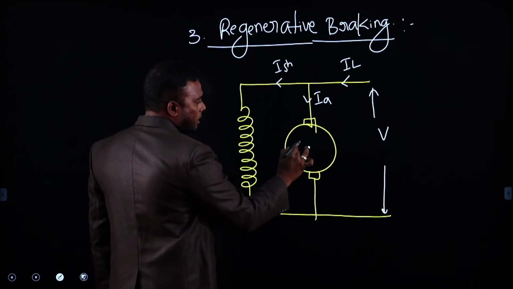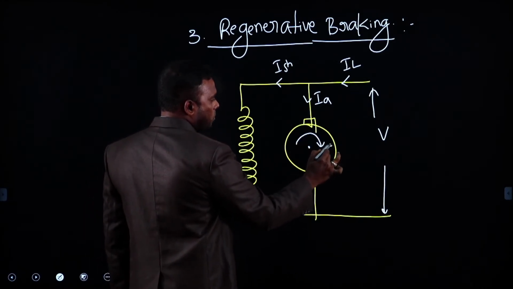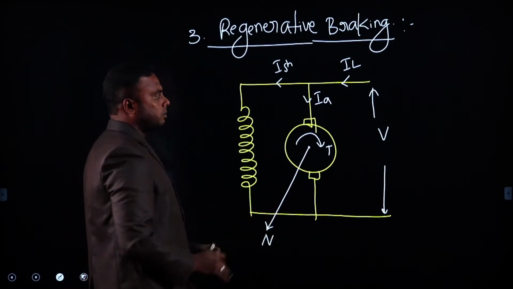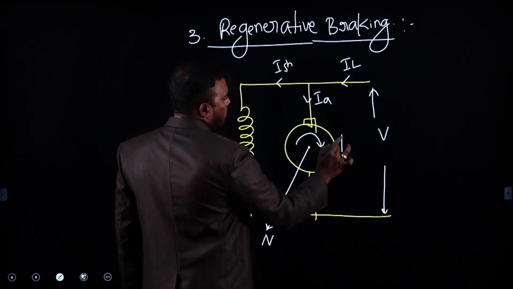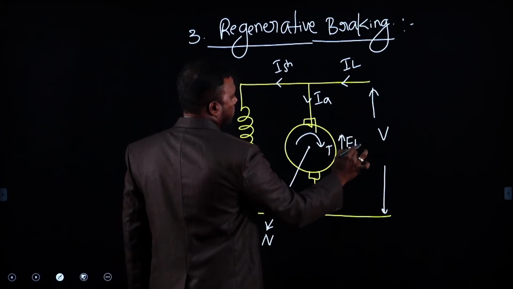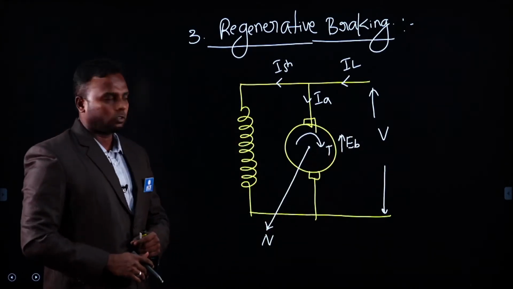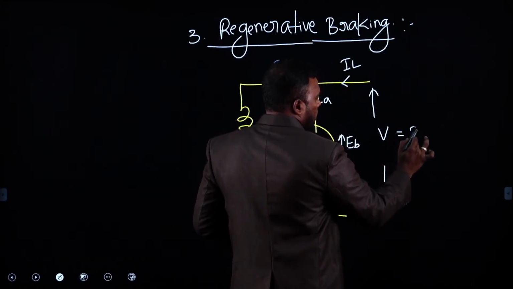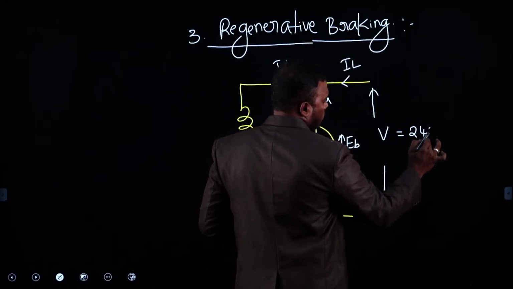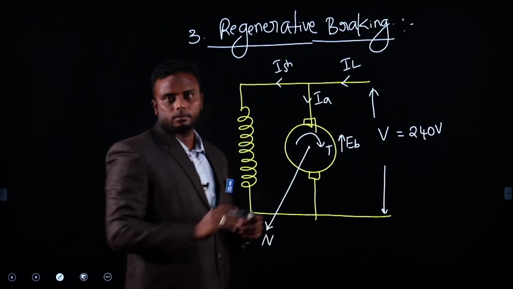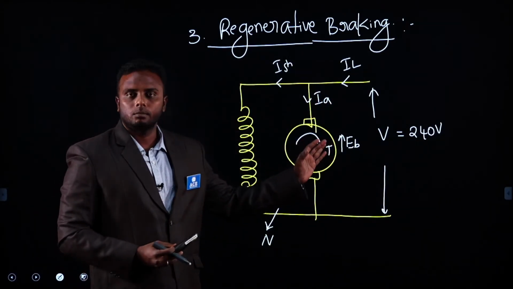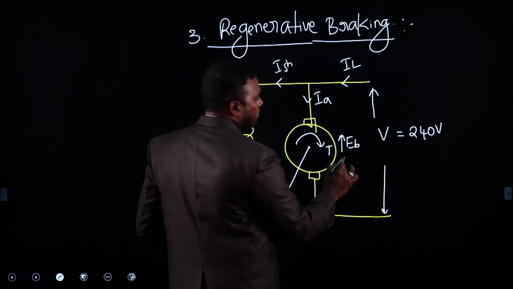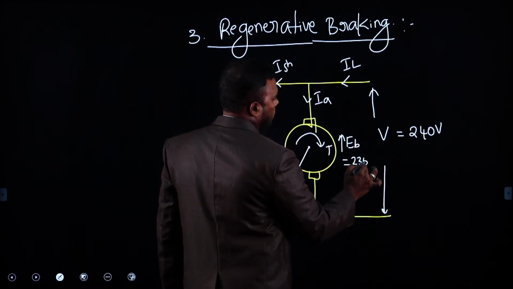Let the torque developed be clockwise, so the motor is rotating clockwise at some speed N. This is the normal running condition, and back EMF EB is induced. With an example, let the supply voltage be 240 volts. Then the back EMF under normal running condition is a little less than that, for example 235.